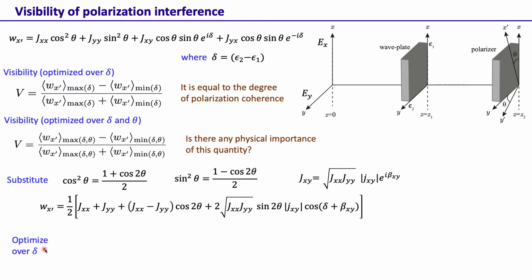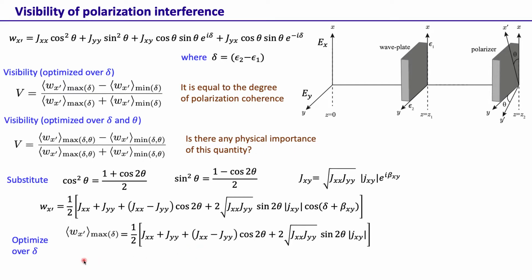Now let's optimize it over delta. In fact, we have already done this, but here I'm doing it in more detail. If we optimize this expression over delta, then the maximum of Wx prime is this quantity, where we put this cosine term as 1. So jxx plus jyy, jxx minus jyy cosine 2 theta, plus twice this quantity. That happens when cosine delta plus beta xy is equal to 1, that is, when delta plus beta xy is twice m pi, or delta is minus beta xy plus twice m pi.